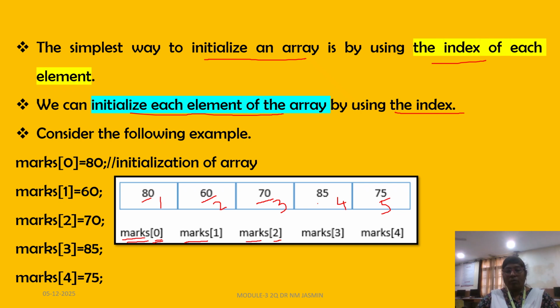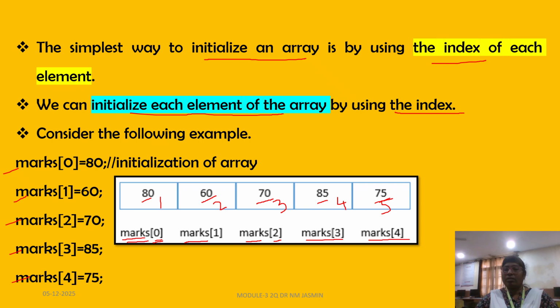Okay, and 4th plus 85 element we can locate going through marks 3, and 75 is the 5th element we can locate going through marks 4. And that simply is the initialization and the location of all the elements.